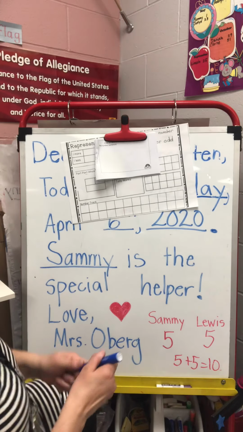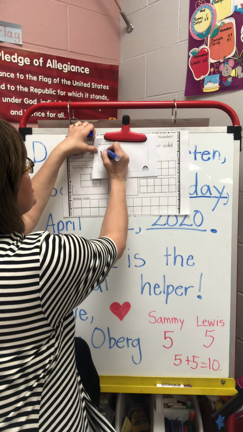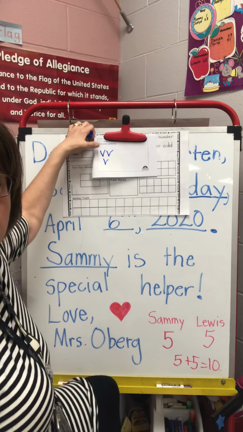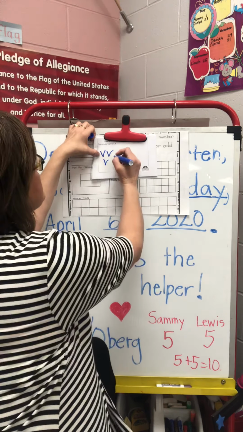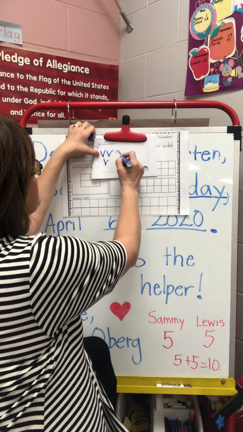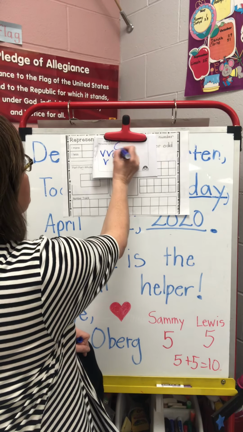So today, I'm going to show you how we could do that. I'm going to do a really simple one. I'm going to say 3 birds, and I'm just going to make my birds like this. Super simple. 3 birds were flying in the sky. Here's the sky, clouds, we've got the sun.